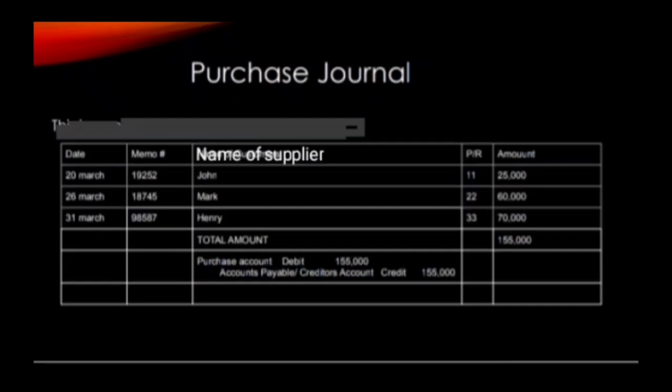Then on 26th March from Mr. Mark 60,000, and on 31st March from Mr. Henry 70,000. Now the total amount shall be 155,000, and we'll make the entry by the total amount, which shall be purchase account debited and accounts payable or the creditor's account credited by the total amount of 155,000.